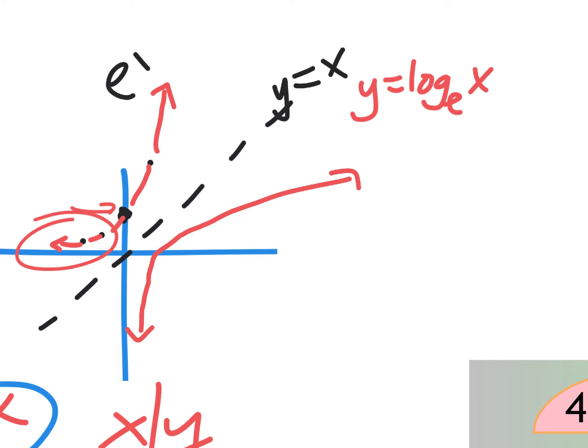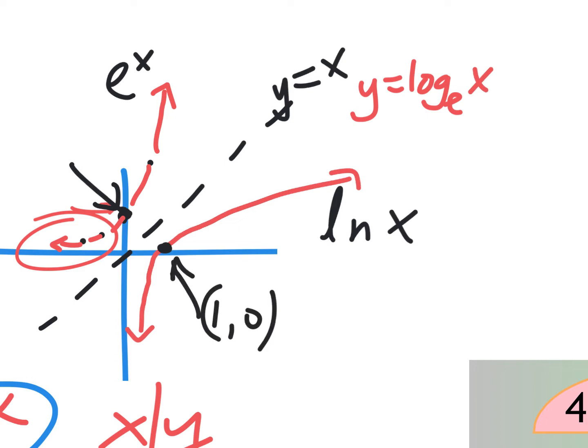If this is e to the x, then this is ln x. They are inverses. Do you get if you have a 0.01 like this, that it turns into 1, 0? Does that make sense to you? X and y switch around. That's what inverses do.